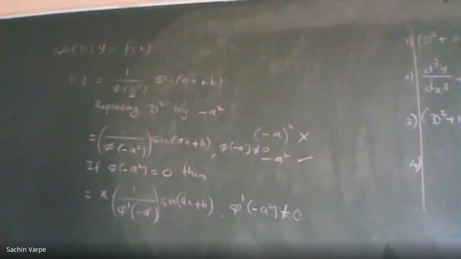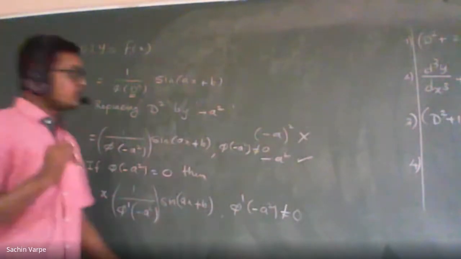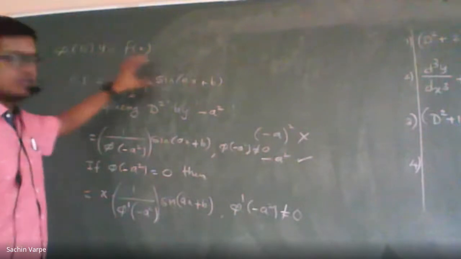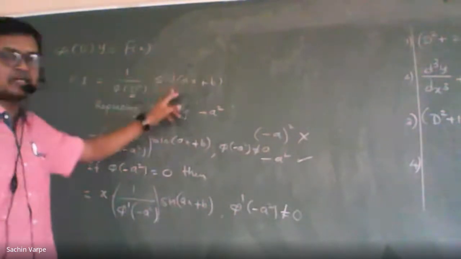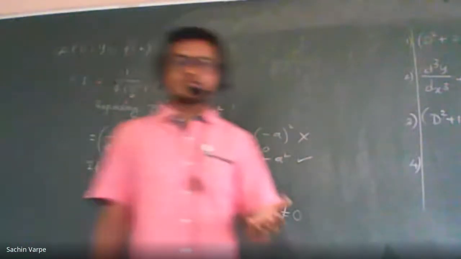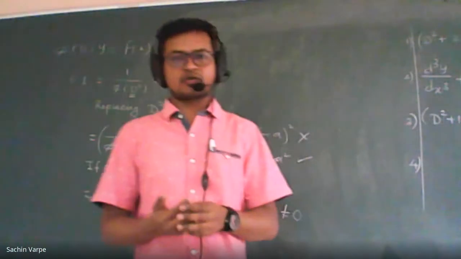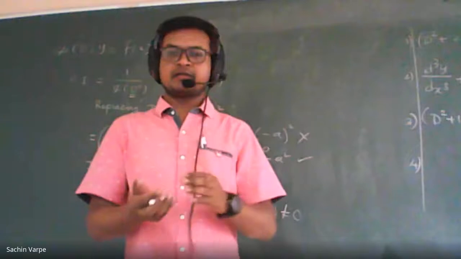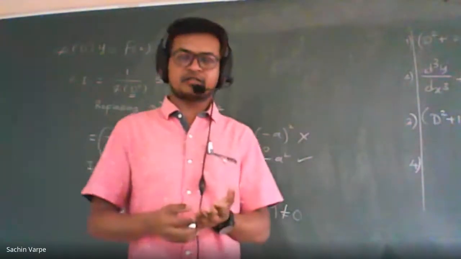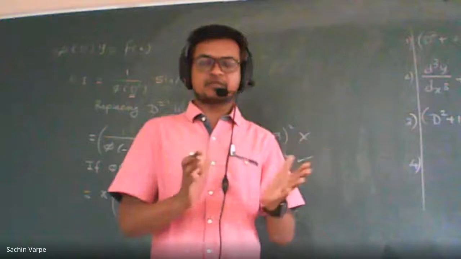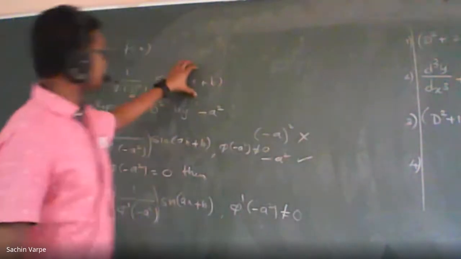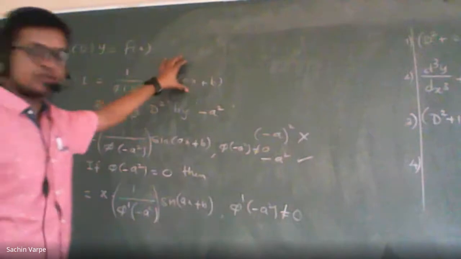Now, one thing you must remember is that this case is only applicable for linear sine and linear cos. Linear sine and linear cos means what? There should not be sine square, sine cube, or cos square, cos cube, or the product of sine and cos, or the product of sine and sine, that is sine x into sine 2x. In this case, this second shortcut method is not applicable.